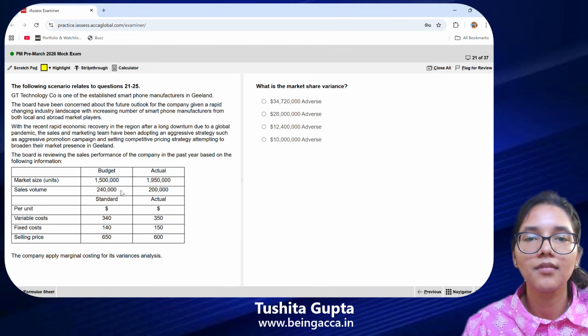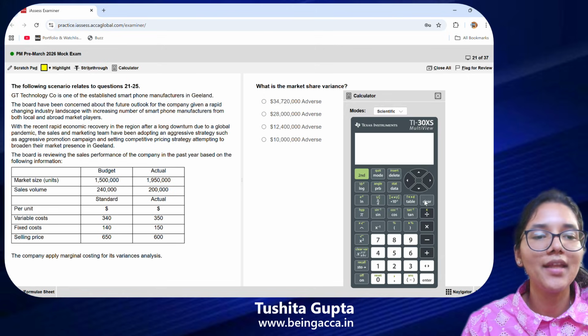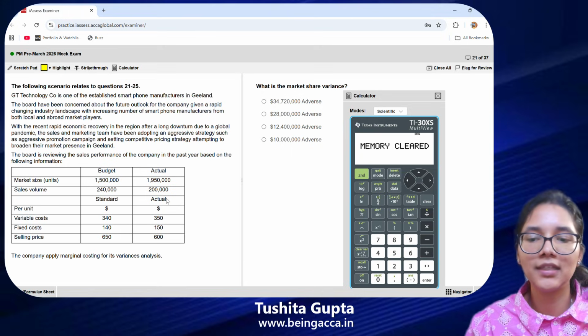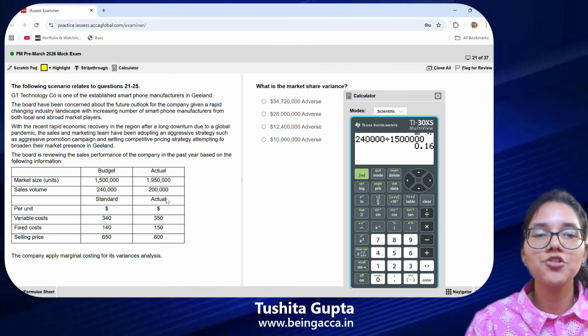We will calculate the same market share for the actual market size. Right, absolutely. So when we thought that the total market was going to be 1.5 million units, we were budgeting to sell 240,000 units. So 240,000 divided by 1.5 million. This is how much share of the market we wanted to obtain.